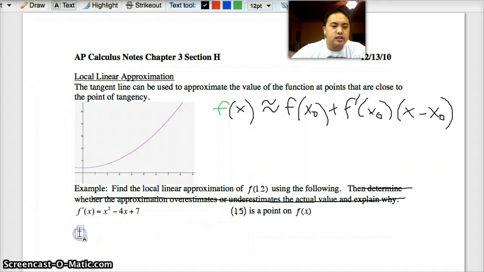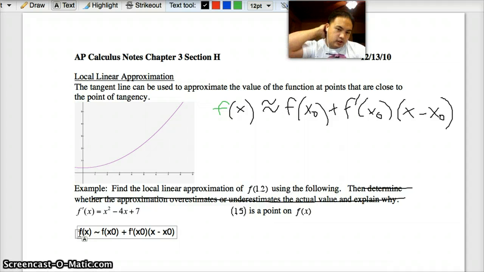So how I start all of these linear approximation problems is to write out the formula. I use a half equal sign. f of x is roughly equal to f of x0 plus f prime of x0 times x minus x0, where again x0 is a point very, very close to x.